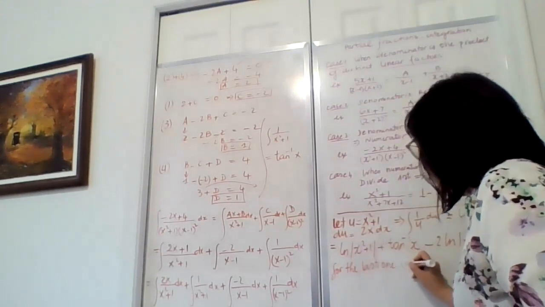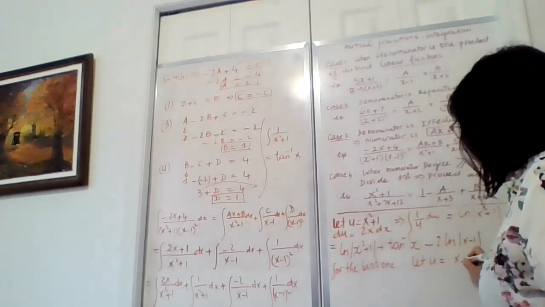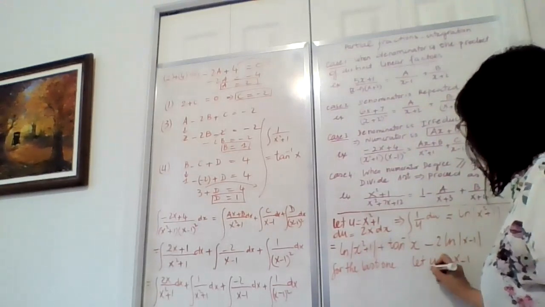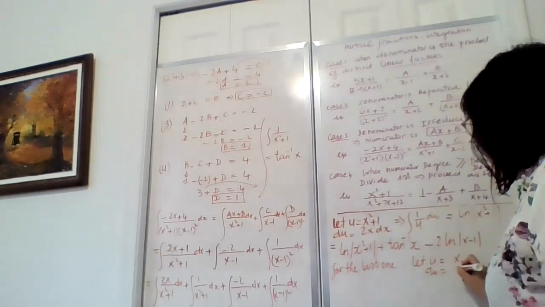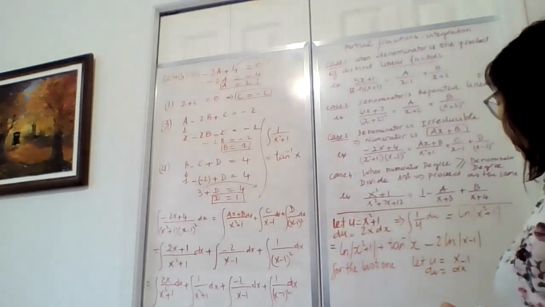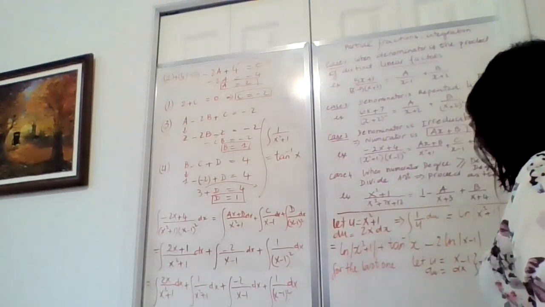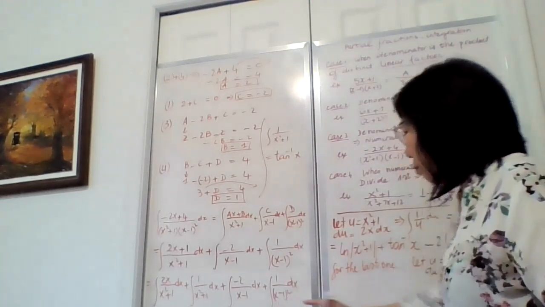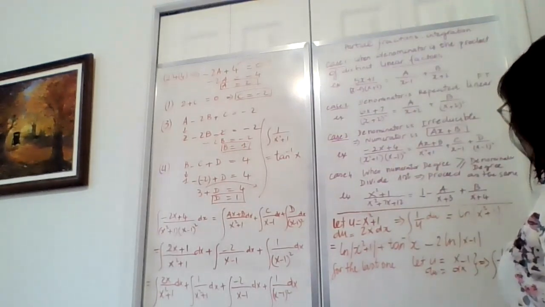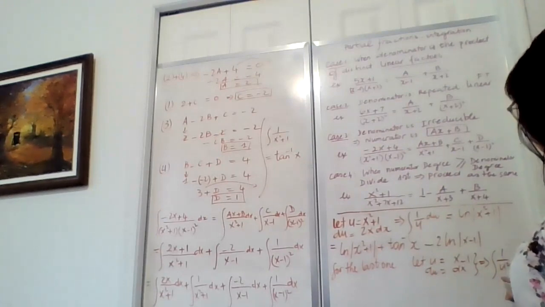So for the last one, I will say let u equal x minus 1. So du equals dx. So that will give me the integration of 1 over u squared du.